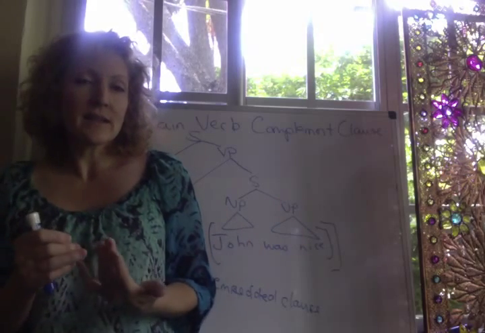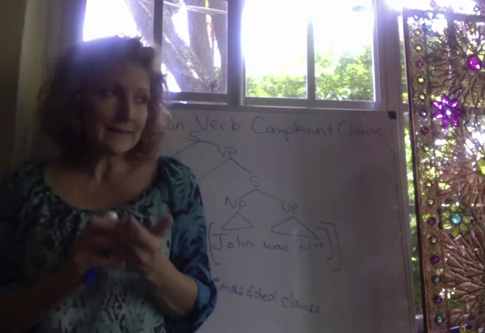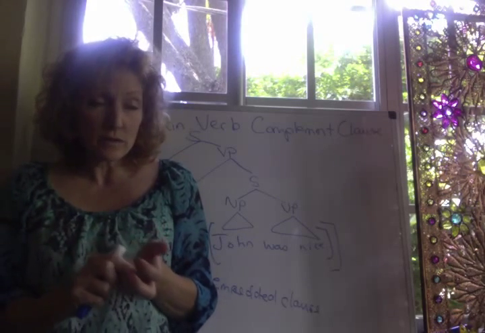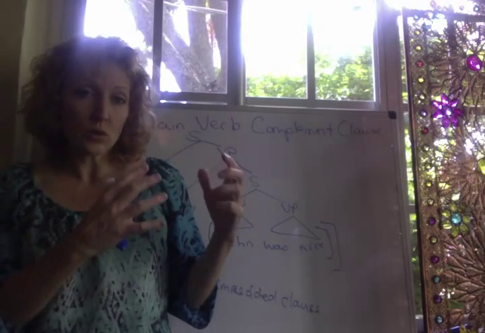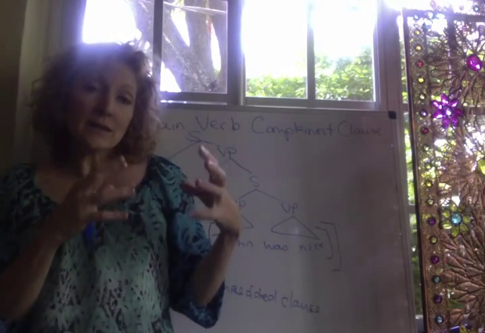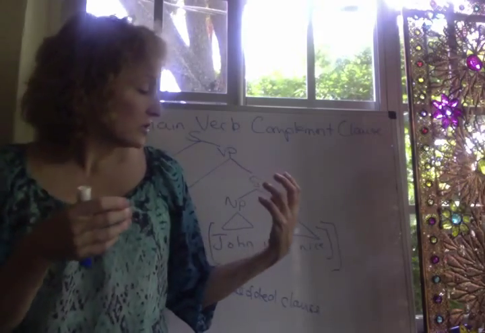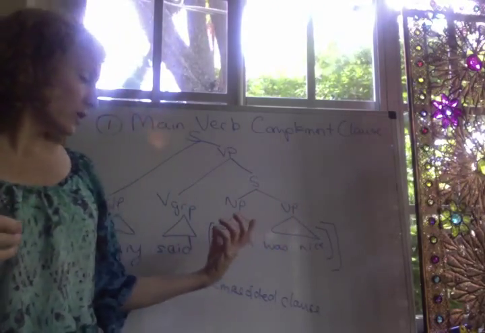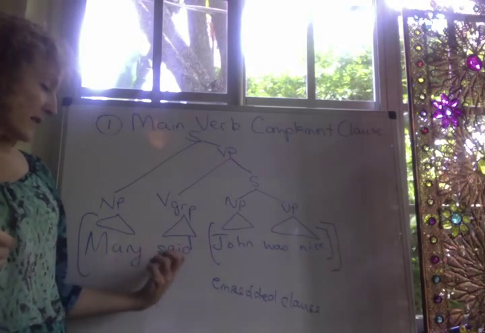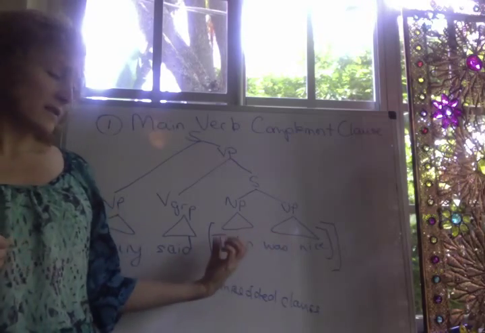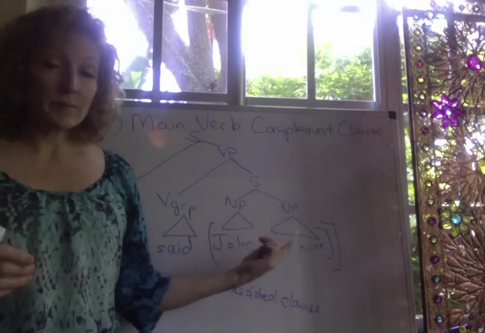Now notice that English is different from most languages of the world in this sense, because most languages of the world, if you do have what we call a complementizer, a word like that, at the beginning of an embedded clause, you have to have it. So in other words, if you translate this into another language, most often you're going to find that there's a word, Mary said that John was nice, and you have to have that word present in order to have the embedded clause.